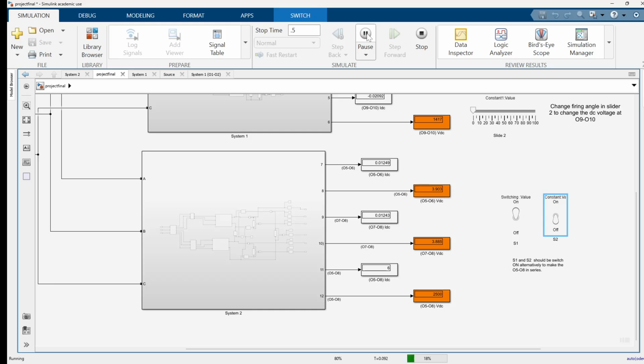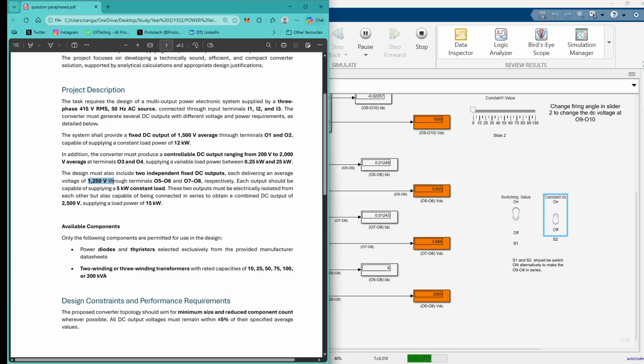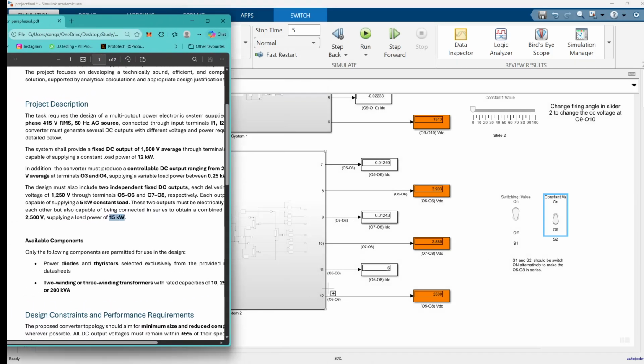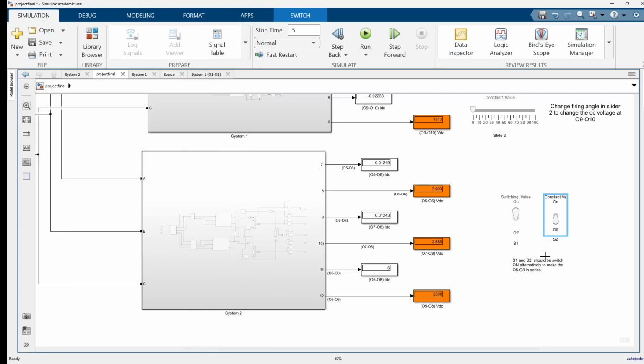And we are supposed to get an output voltage of, okay, we are connecting a 15 kilowatt load, so therefore we need 2500 volt of this output voltage. So in series, yeah, it is giving 2500 output voltage.